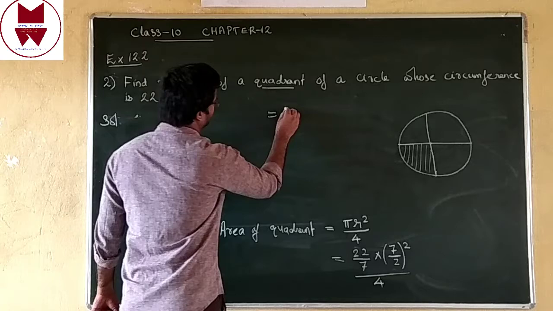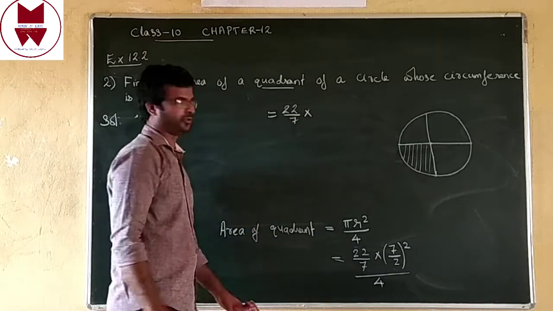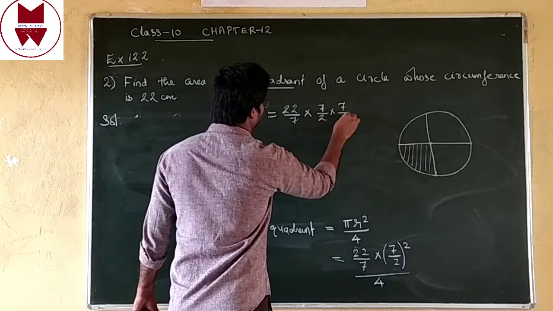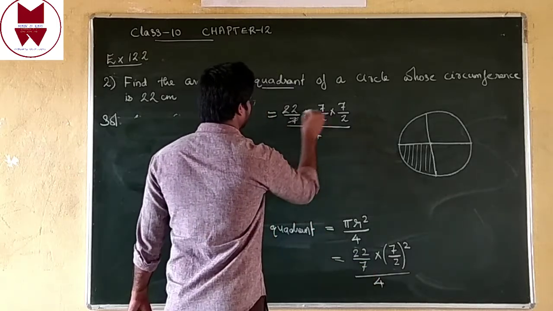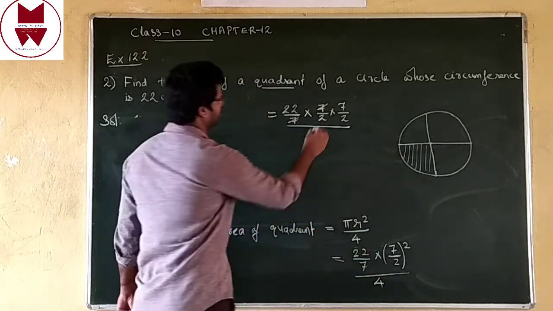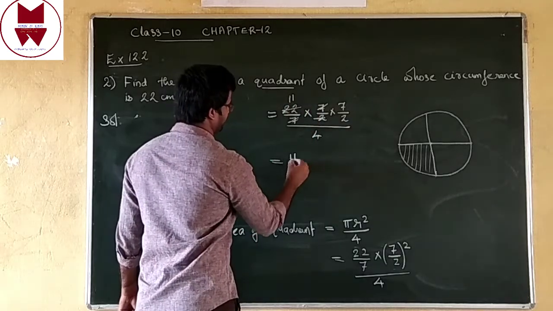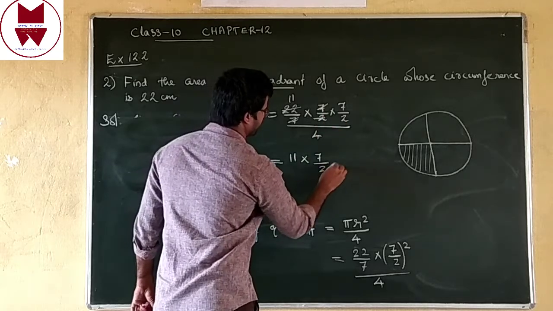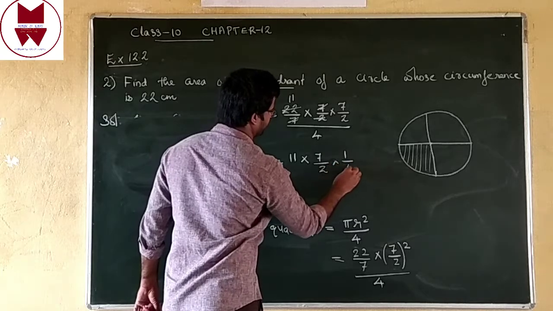Equal to 22 by 7 into 7 by 2 all square, we can write 7 by 2 into 7 by 2 all divided by this 4. This 7 and 7 we can cancel, and then 2 and 22, 11 times, and remaining we can write 11 into 7 by 2 into this 4 bring to upside, that will be 1 by 4.